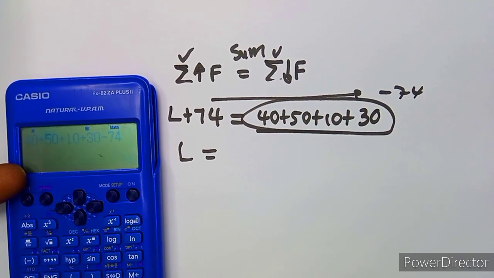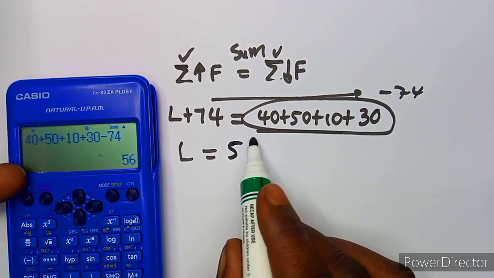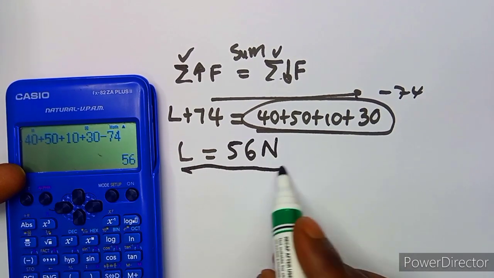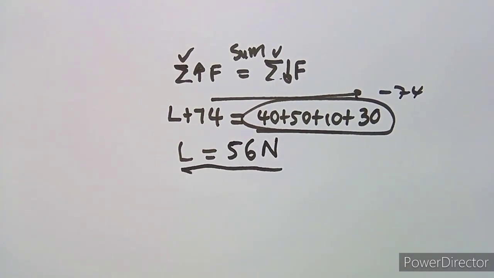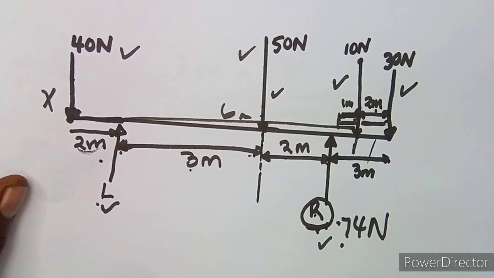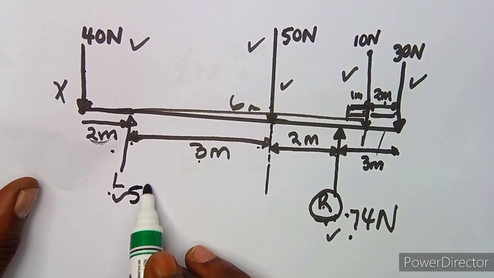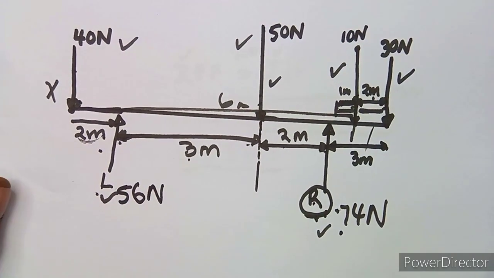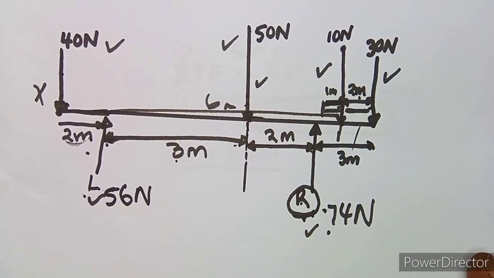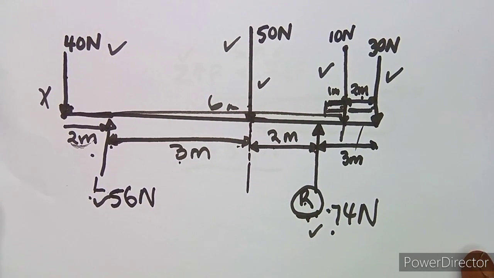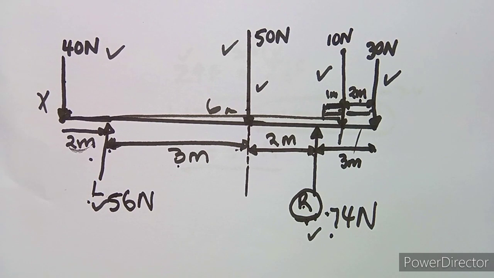If I subtract 74, I'm going to obtain 56 newtons. So let's hope, guys, we are all obtaining the same answer, which is 56 newtons. So there is a force of 56 newtons here, which is facing upwards like that. So that's how you can get this information.